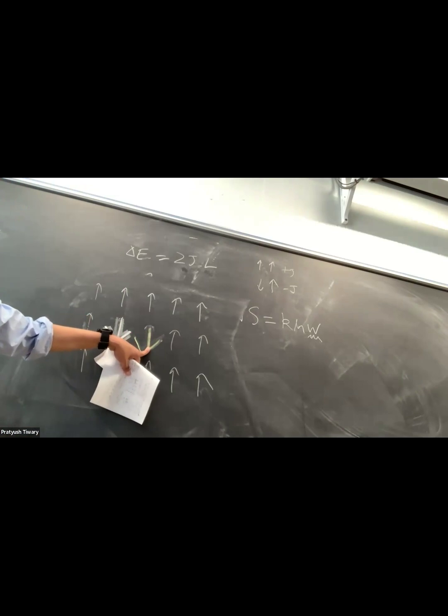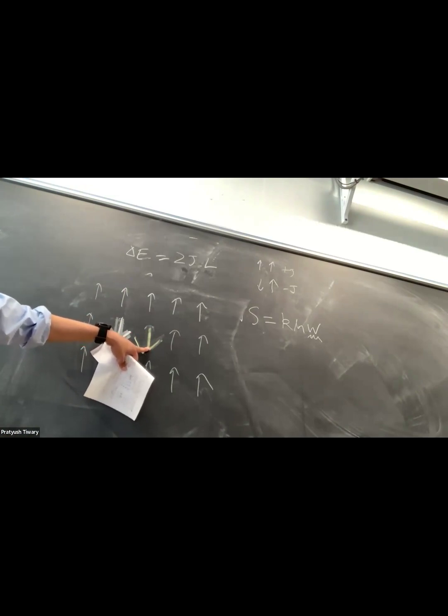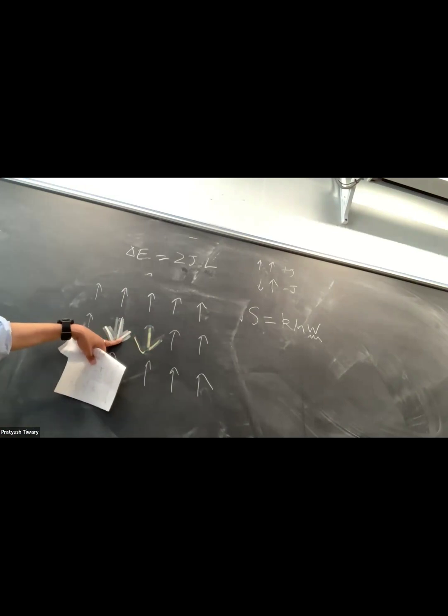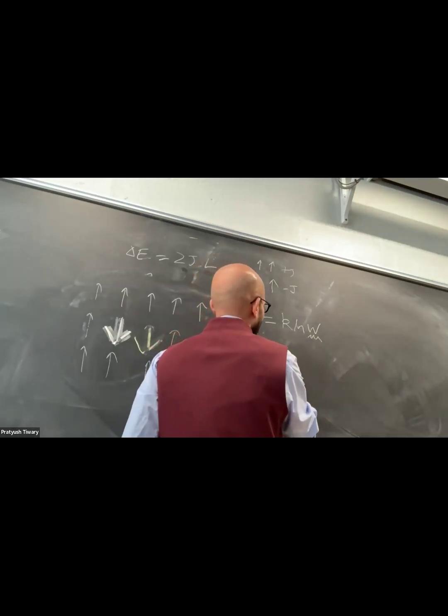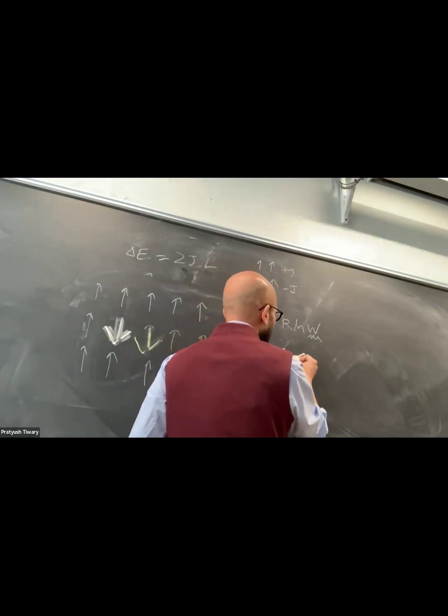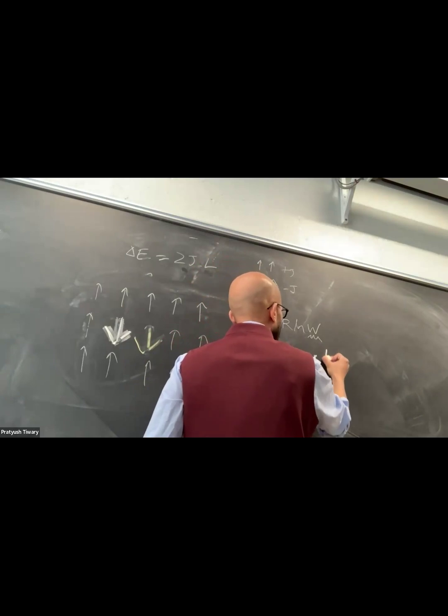Now comes the tricky part. How about now? Will it still be 4? Why not? If it was 4, I would go back and undisrupt this one, right? And that's clearly wrong. In other words, I have just shown that W has to be smaller than 4 to the power L, right?